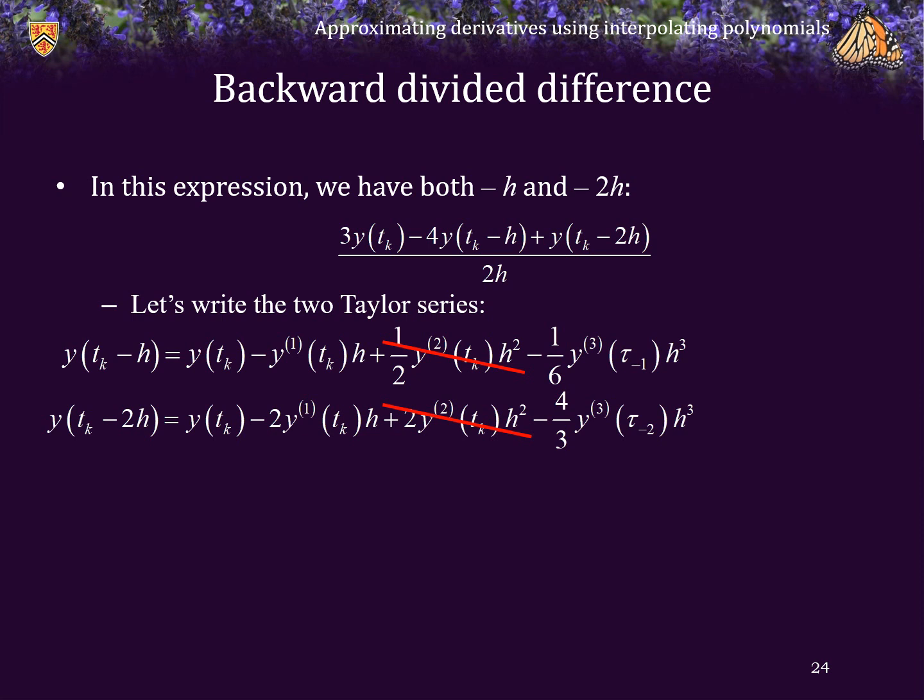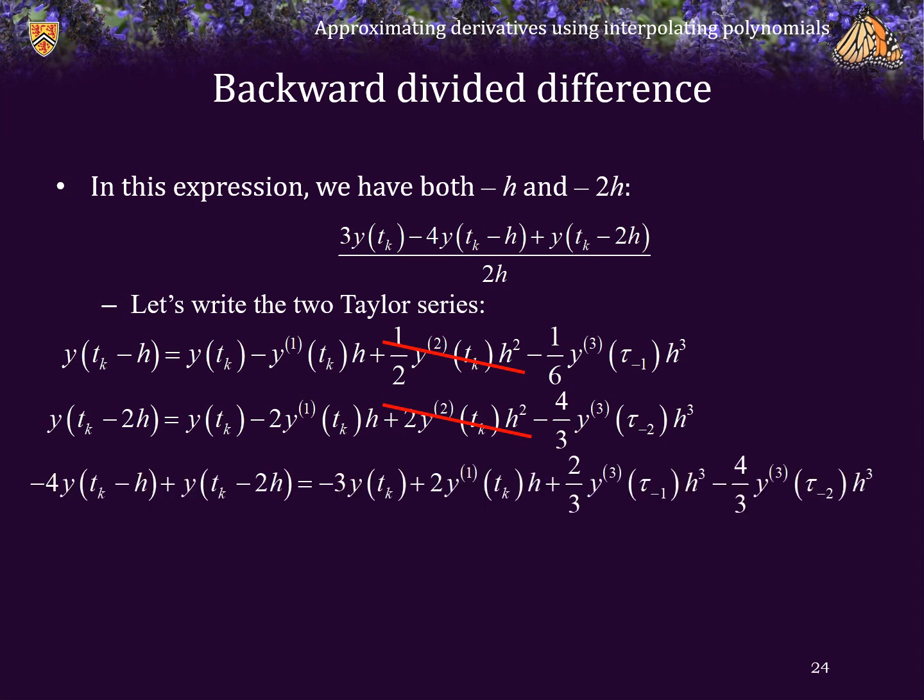Notice that the first tau is between t sub k minus h and t sub k, whereas the second tau could be anywhere between t sub k minus 2h and t sub k. All right, so that's what we have. And let's factor out the error term so that what's left in the parentheses is a weighted average.